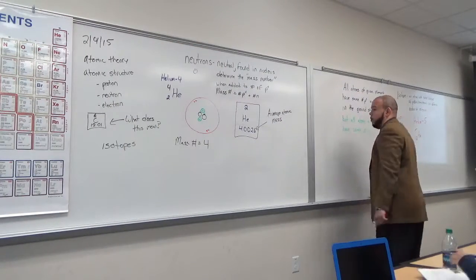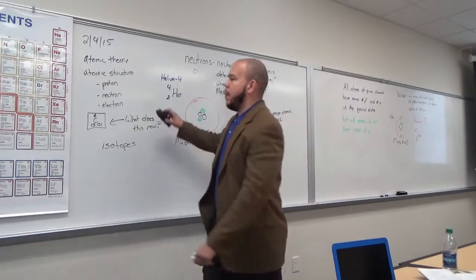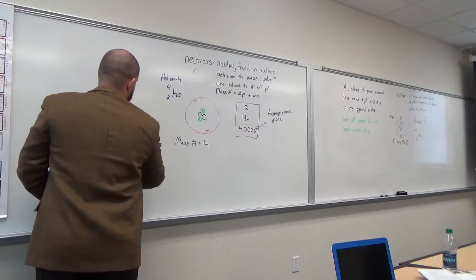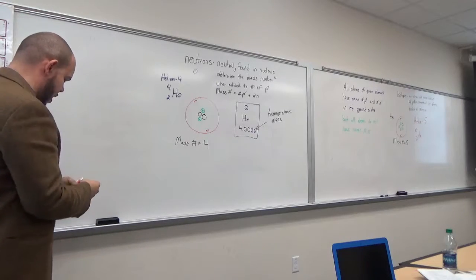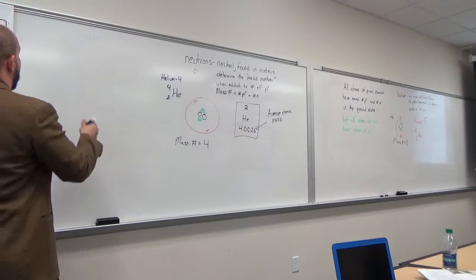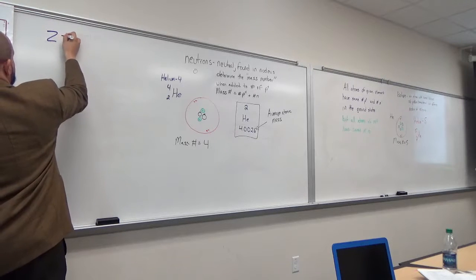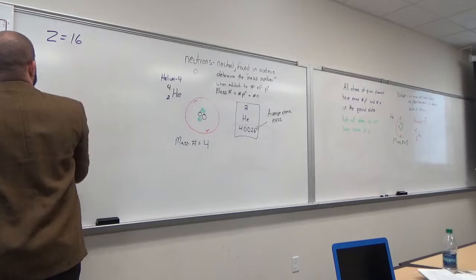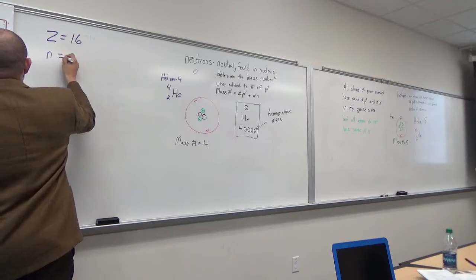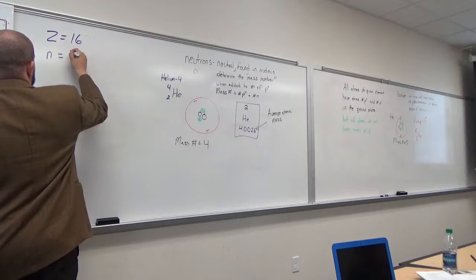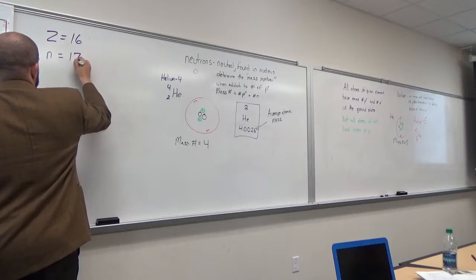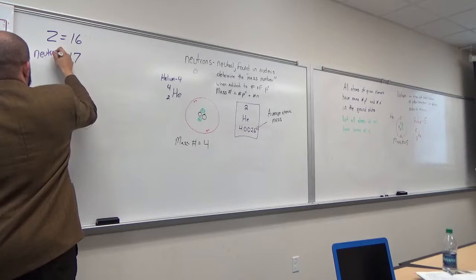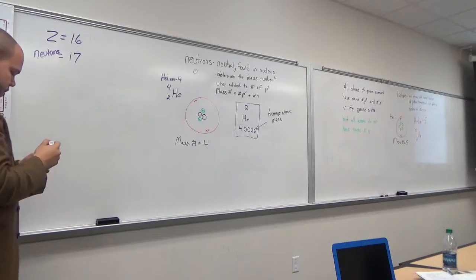So let's do an example. What I mean by being able to do that. So let's say I gave you Z is equal to 16, N is equal to, let me write this as neutron, is equal to 17.